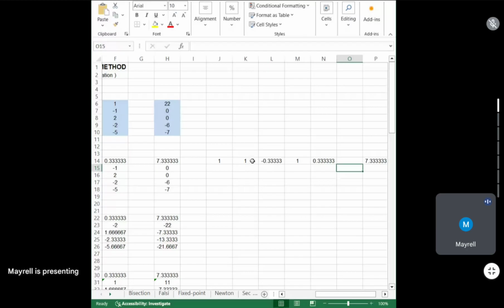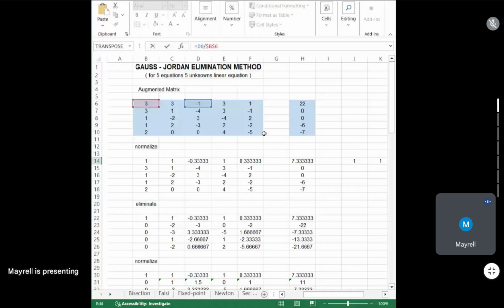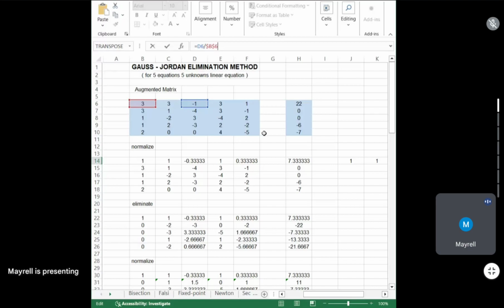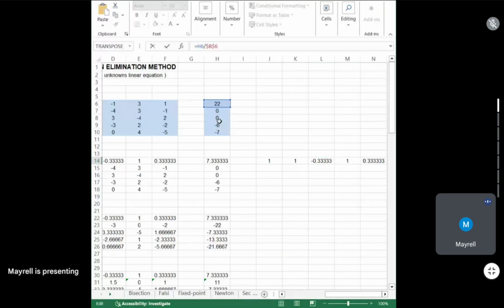So, if we're going to check, the third, fourth element on the first row, and the fifth element on the first row. Yeah, and including this. Okay? So divide them with the first or the A11.